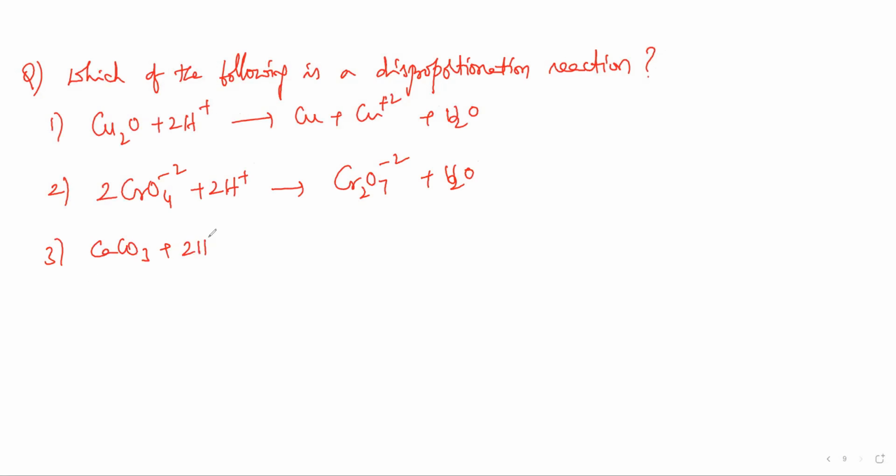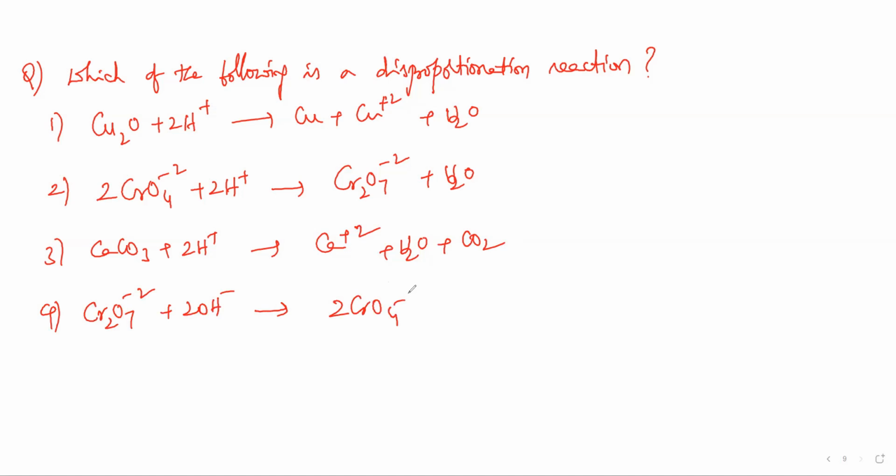Then CaCO3 plus 2H plus gives Ca2 plus plus H2O plus CO2. Last option, Cr2O7 2 minus plus 2OH minus ions gives rise to 2CrO4 2 minus plus H2O. Among these reactions, which one is a disproportionation reaction? That we need to find out.